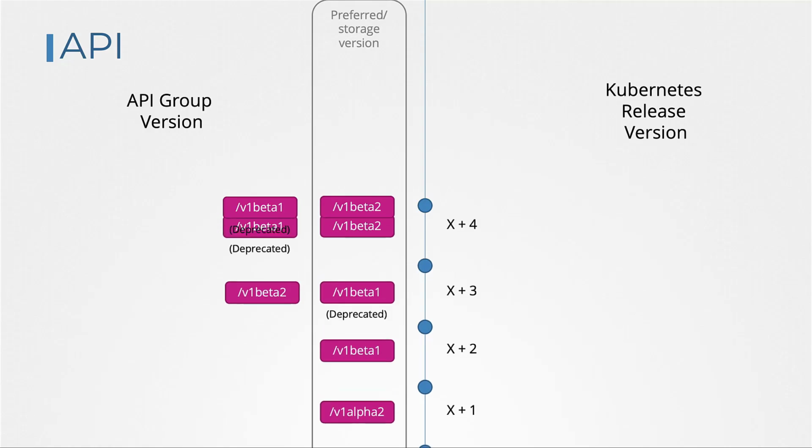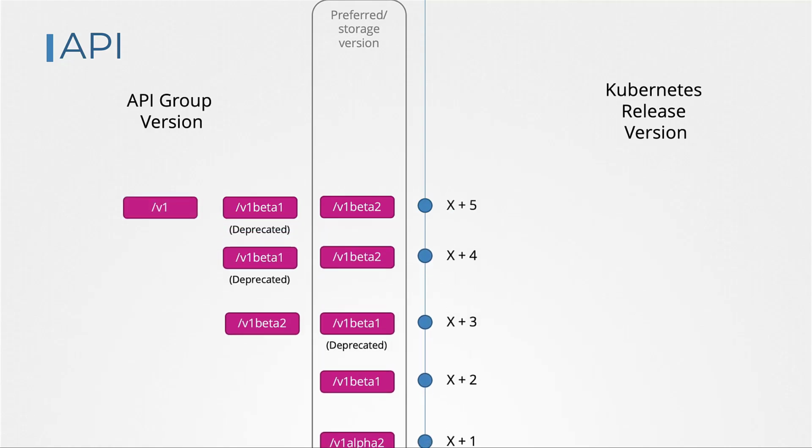So continuing on, with version X+5, we now finally have the v1 GA stable version. But along with that, we also have the v1 beta 1 and v1 beta 2 versions. v1 beta 2 is still the preferred or storage version because this is the first release that has the v1 version. But it now becomes deprecated.